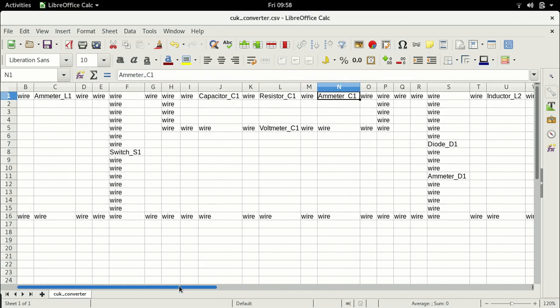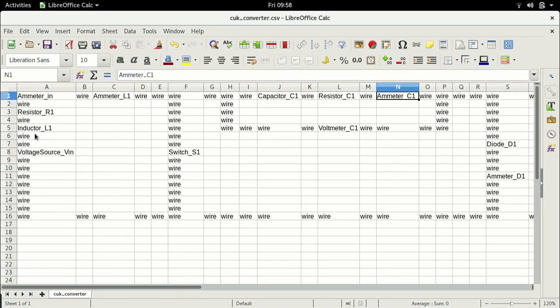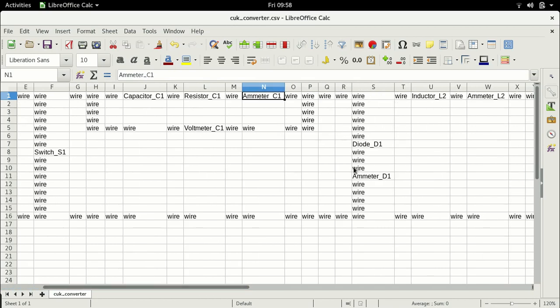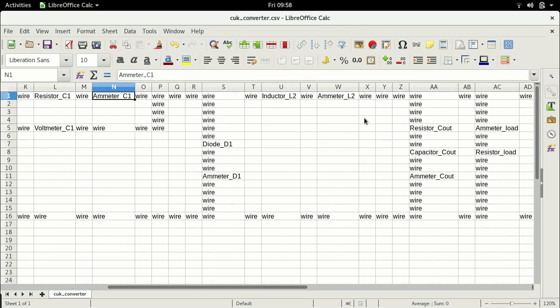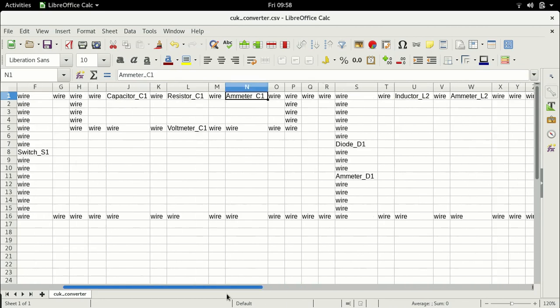Therefore, the direction of the current in the capacitor will be in this way. When the switch is off, the energy in the input inductor will be used to charge the capacitor and will flow through the diode. At the same time, the current in the output inductor will continue to freewheel through the diode in the anti-clockwise direction and will continue to charge the capacitor. And the capacitor, of course, will be feeding the load.